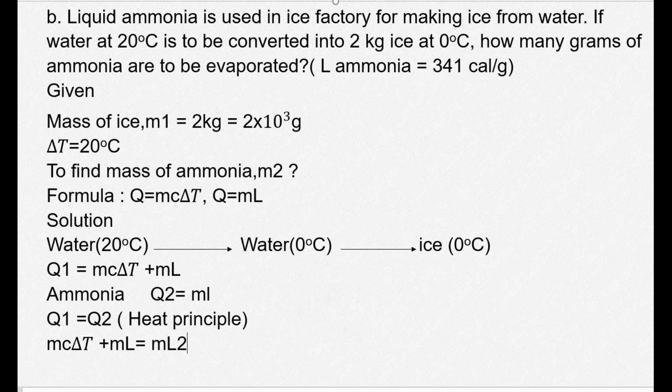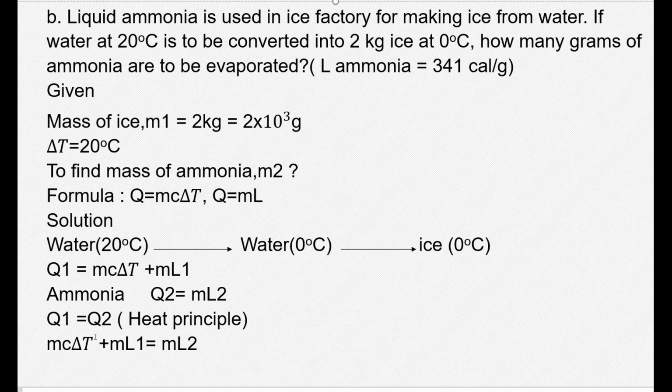We will write here L2, and this is the latent heat of water, so for ammonia we will write L2 and for water we will write L1, otherwise you will get confused. Now substitute the values and equate it.